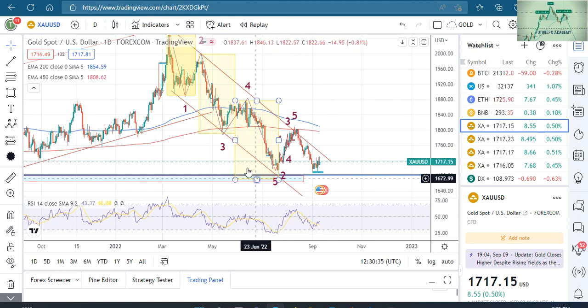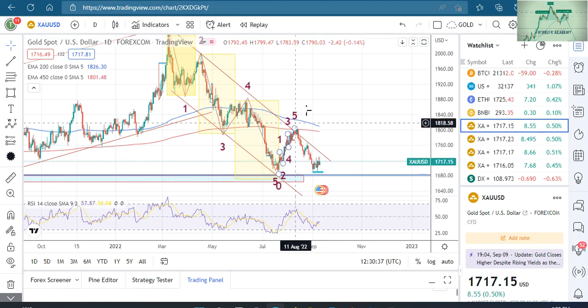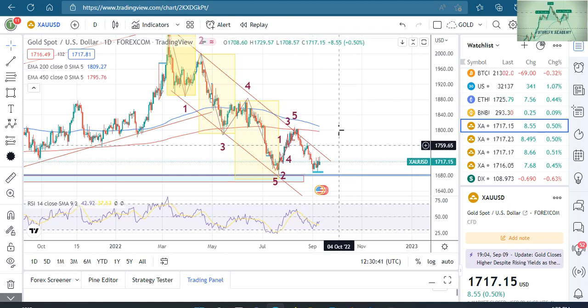So this is currently what we expect in the markets. The only thing I sense that makes gold struggle to give us this proper price action is the fear that the US economy is putting in the market.